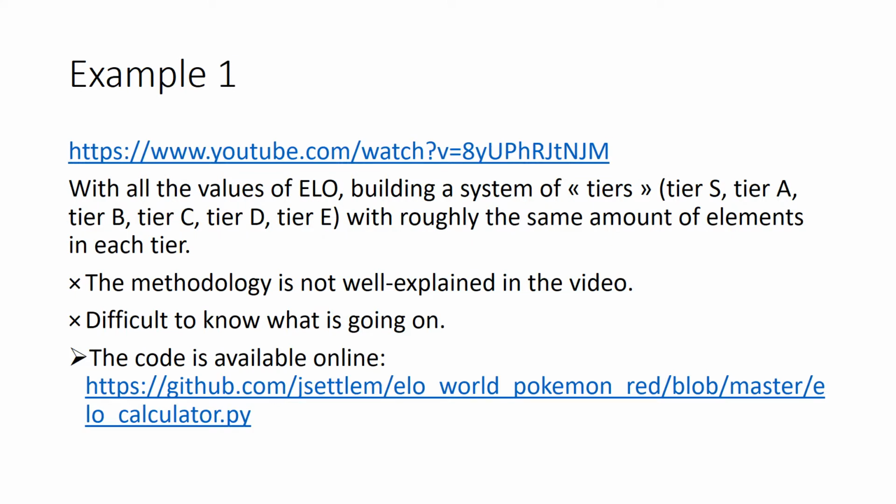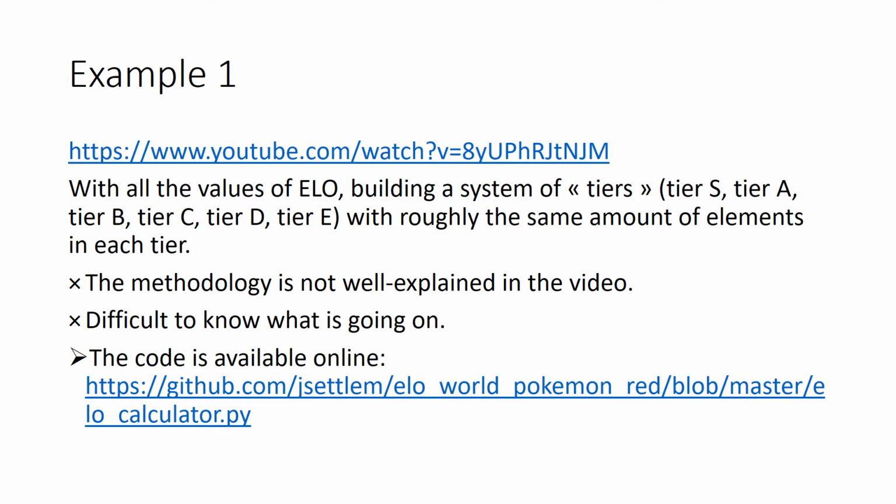The first example comes from a video that I've encountered. Certain players have been assigned an elo, and the author wanted to sort them into tiers, and say, okay, this player is going to this tier, this tier, this tier, in order to better present his analysis.